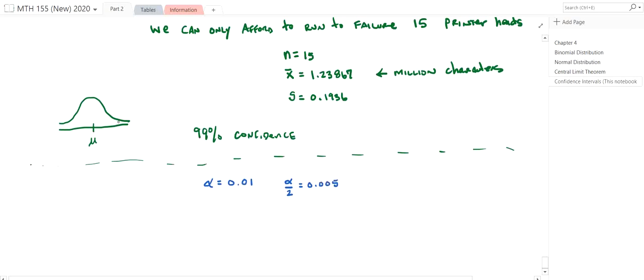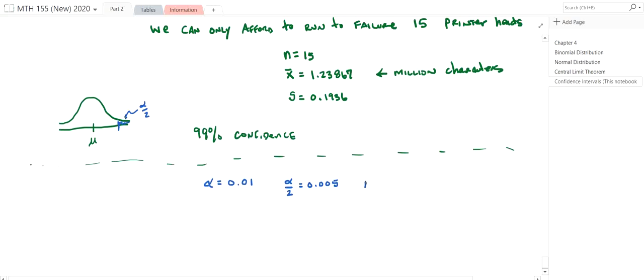So that's associated with way over here. Actually, t's not on this curve. T would be on the standard normal curve. But this area is alpha over 2. This blue area that I have shaded in is alpha over 2.